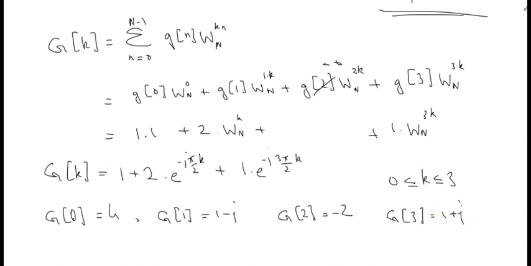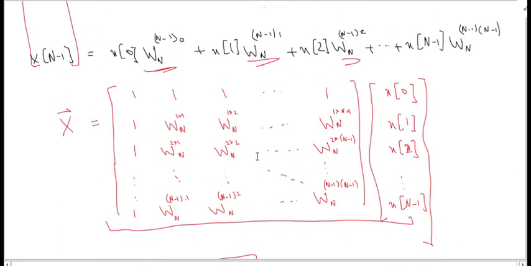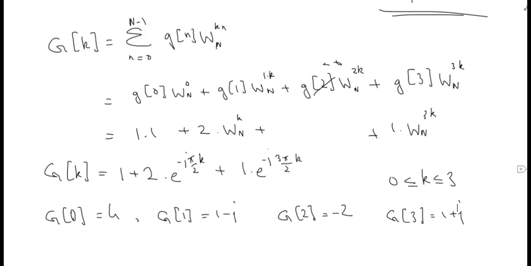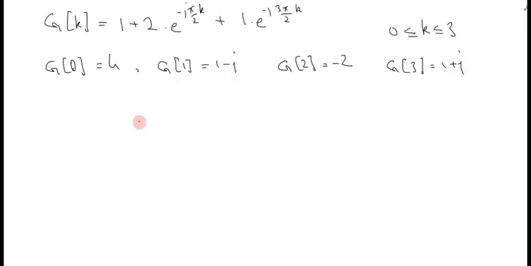Now if you want to use this matrix to calculate your discrete Fourier transform for this signal, first you will have to write d4.